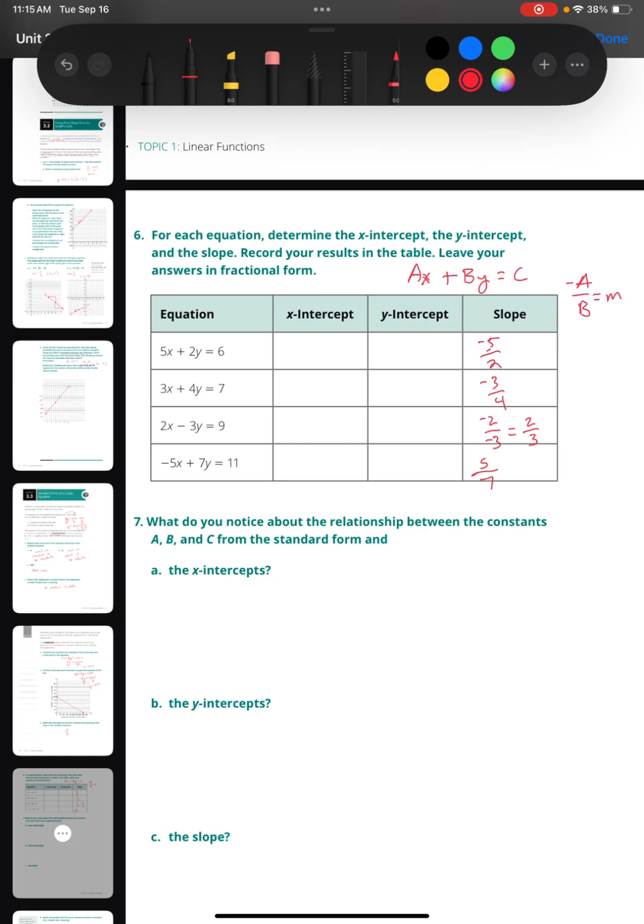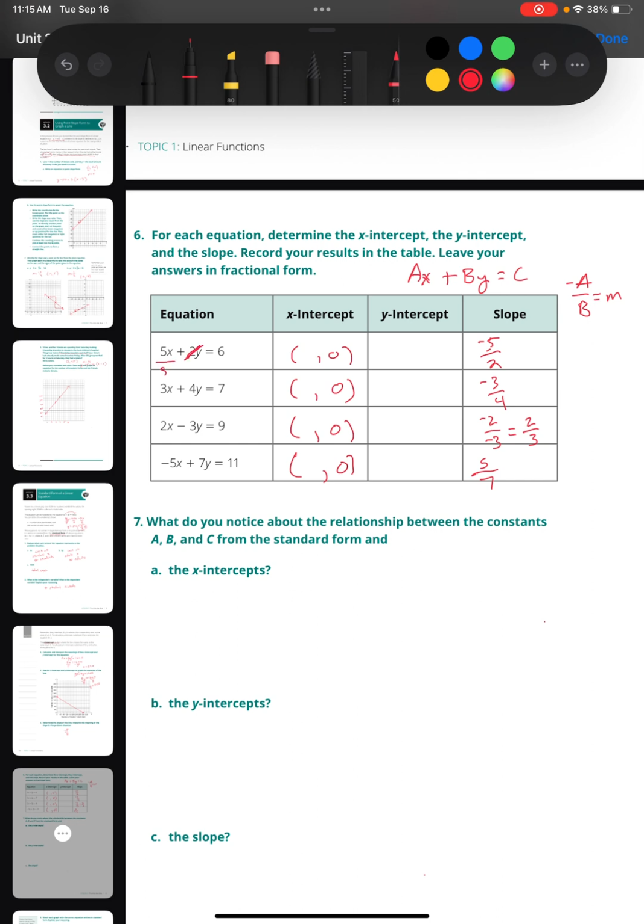Now, x-intercept, that is where my y is 0. So for each one of these, I'm going to work one and then let you pause it and try the other ones, and then you can unpause it and check your work. So for the x-intercept for the first one, that is where the y becomes 0.